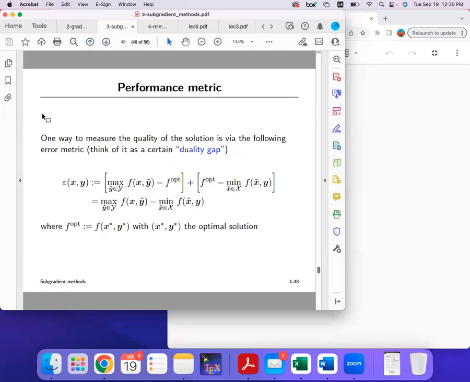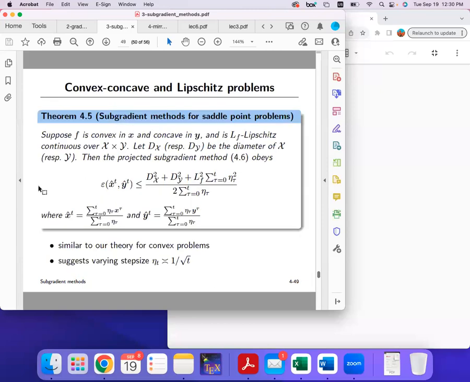And the convergence metric we discussed last time is given by this duality gap. It basically measures how far a given point (x,y) is from the optimal saddle point. And we call this the duality gap. So our convergence result is about this duality gap.